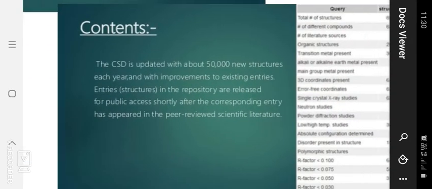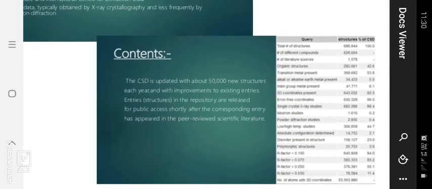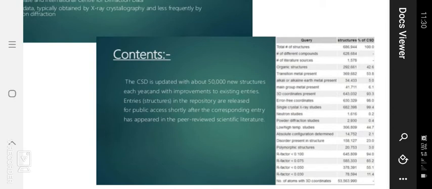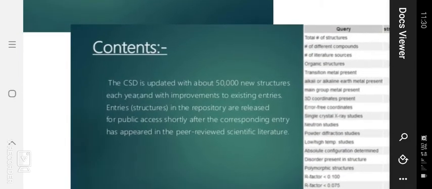The content: the CSD, Cambridge Structural Database, is updated with about 50,000 new structures each year, along with improvements to existing entries. Structures are released for public access shortly after the corresponding entry has appeared in the peer-reviewed scientific literature.